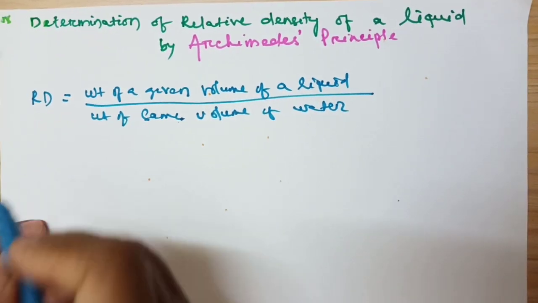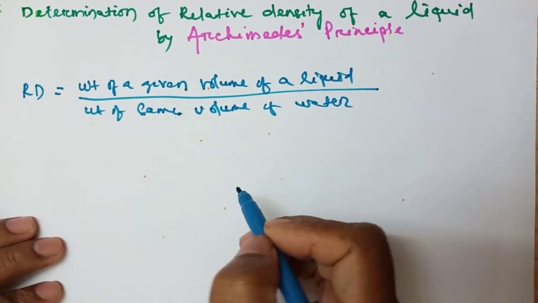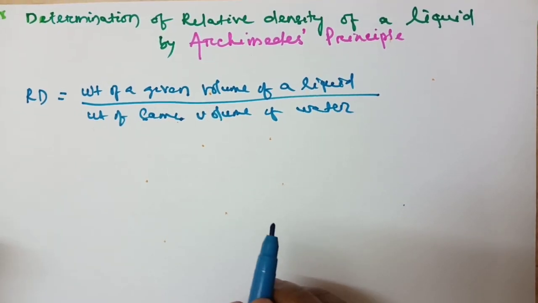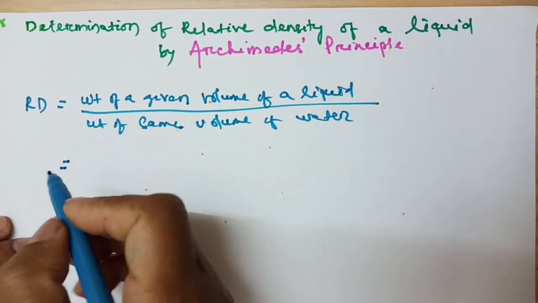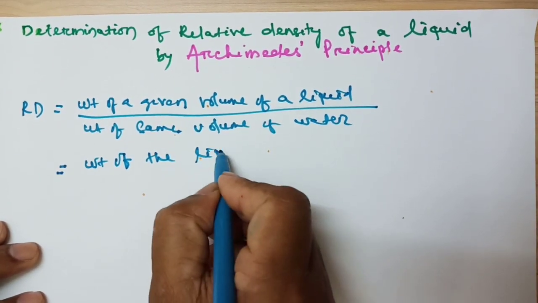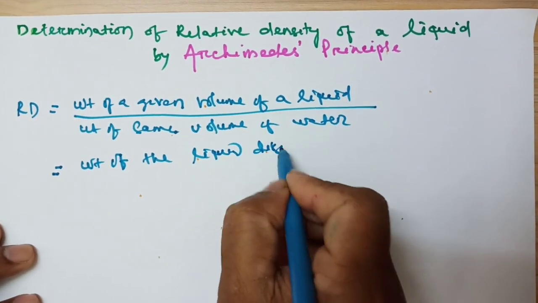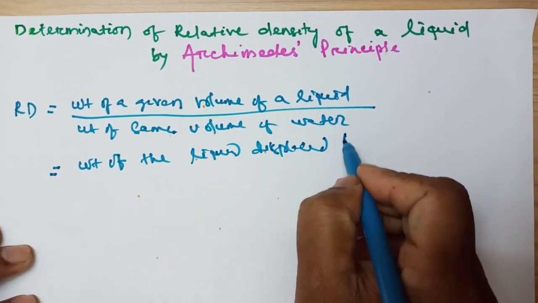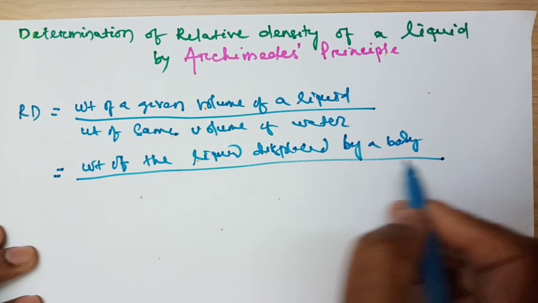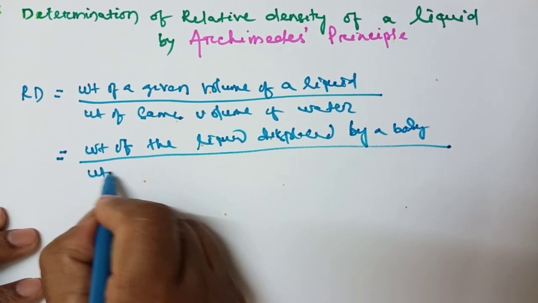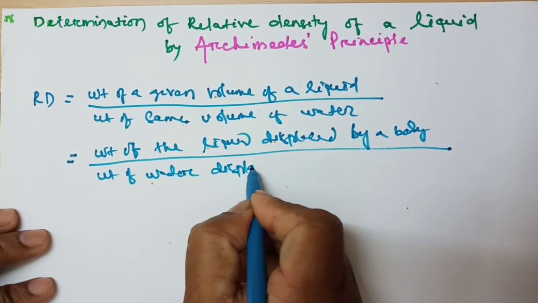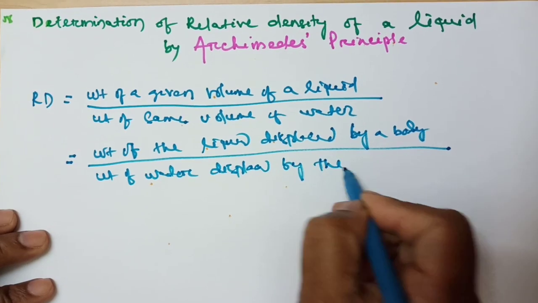According to Archimedes principle, if a solid is immersed in a liquid or water, it displaces liquid or water equal to its own volume. Therefore, you can write the definition like this: weight of the liquid displaced by a body by weight of water displaced by the same body.